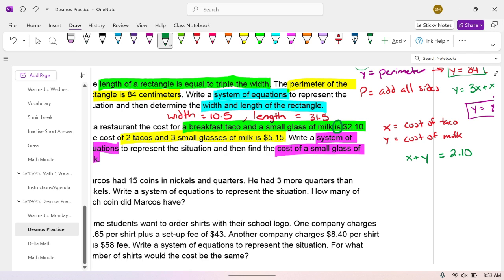Now, the second part comes from your yellow highlight. What's it all going to be equal to? What's our total? Look where the is. $5.15. Now, how do I represent the cost of 2 tacos?